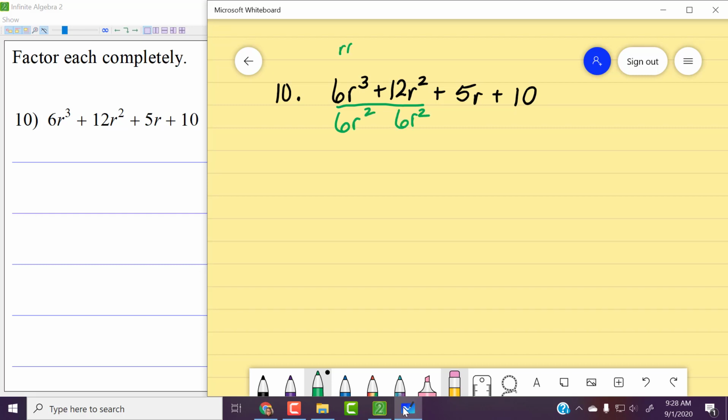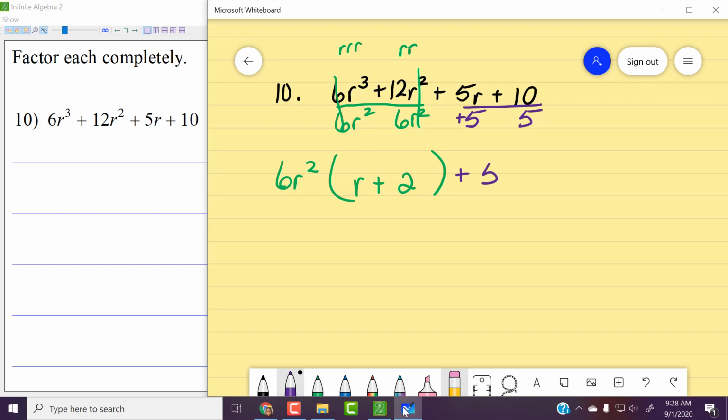And remember the strategy that if you're getting mixed up on those variables, write them out. Okay, so if everything works out, my second parenthesis over here should be r plus 2. So I'm going to check that out. 5 is positive, so it's plus 5. Yay, it is! So I'm going to box my GCF.